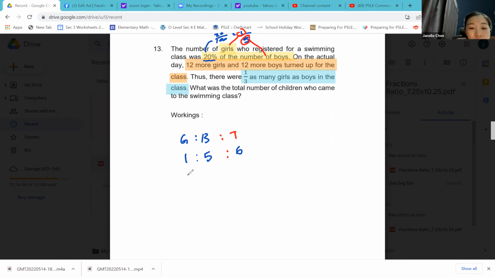Okay, going forward is just listing whatever they say in the question. They say on the actual day, there's 12 more girls and then 12 more boys that actually join the class. And then in the end, we have 1:3, as many girls as boys in the class. Same thing: the top one is for the first name that appears, and the bottom one for the second. So in this case, I think I actually don't need total.